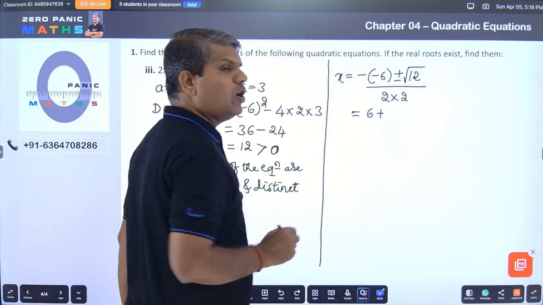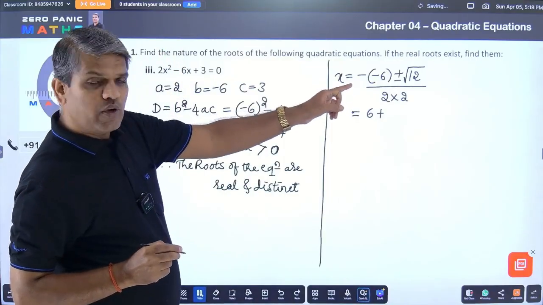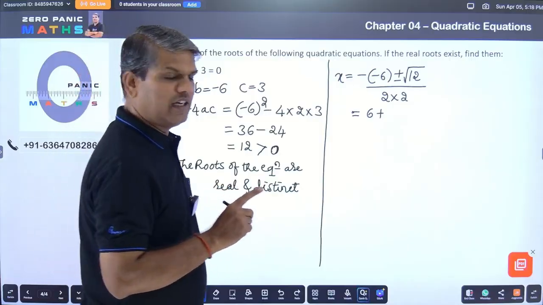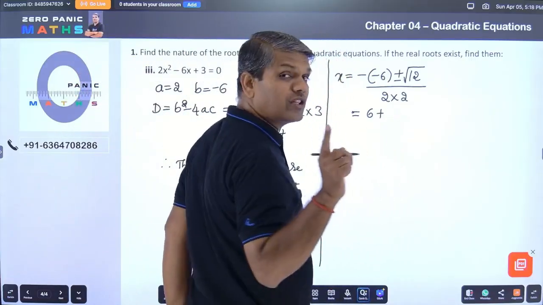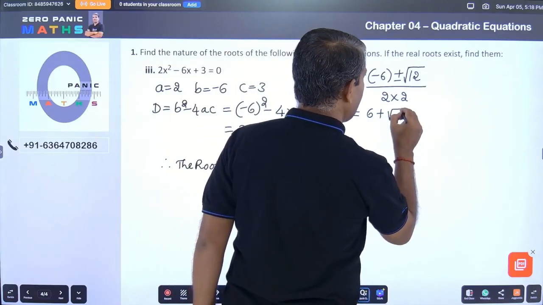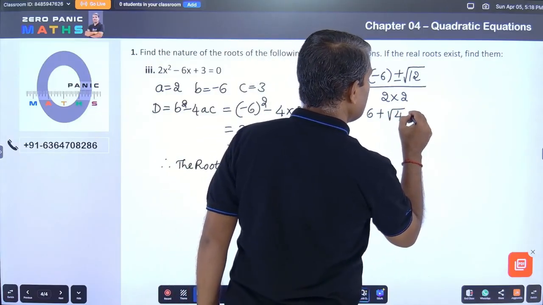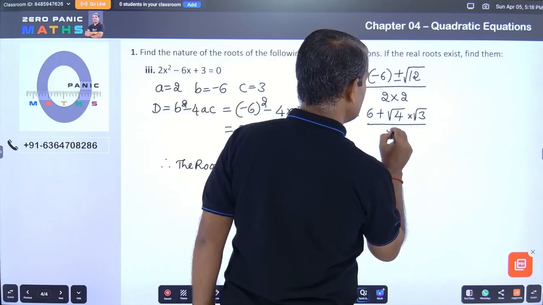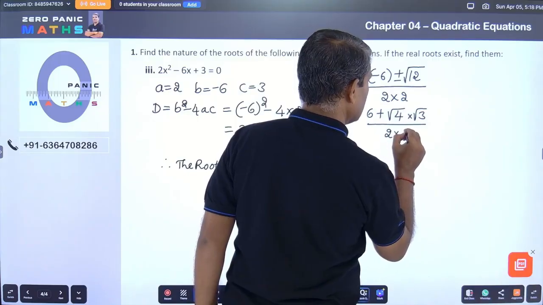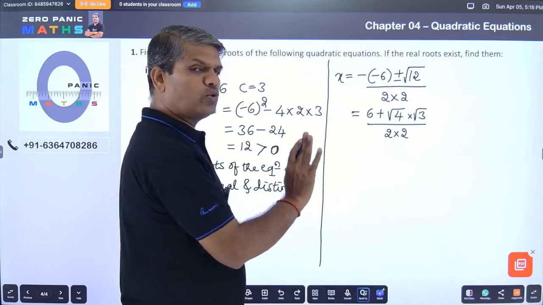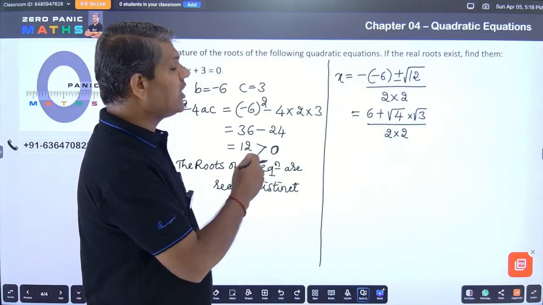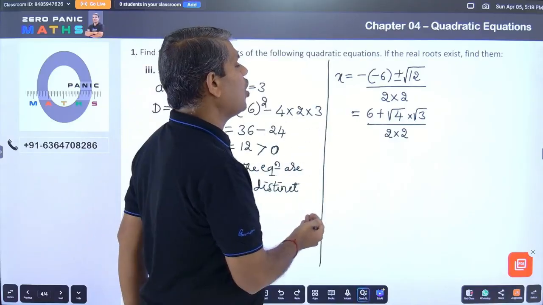Okay, so how do I write square root of 12 as square root of 4 into square root of 3, right? That is square root of 12. 4 3s are 12. So I'll be writing this as square root of 4 multiplied by square root of 3 divided by 2 into 2. Let us keep that 2 into 2 as it is only, because I just want that to be cancelled later when I take something common out of this.